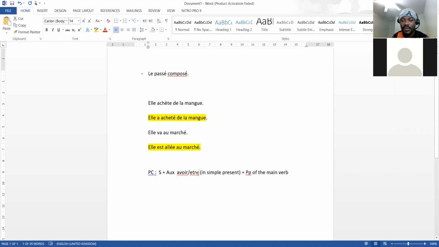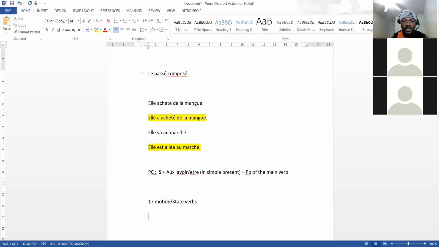Then we have some 17, or maybe now up to 19, I don't know, but some 17 verbs that take être. Apart from them, we call them motion or state verbs.